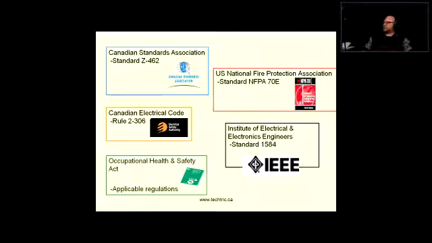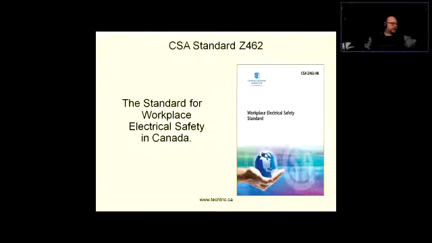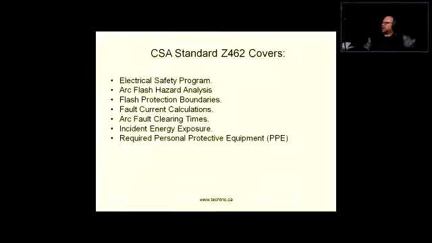So you can find rules and regulations that are mentioned in this type of literature when it comes to arc flash, right? CSA standard Z462, that you can also find there. Standard for workplace electrical safety in Canada. Now, CSA standard Z462 covers electrical safety program, arc flash hazard analysis, flash protection boundaries.